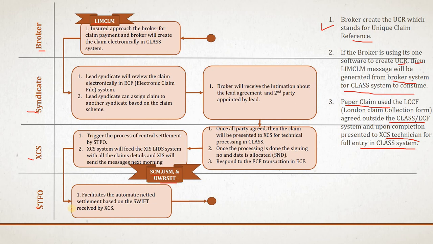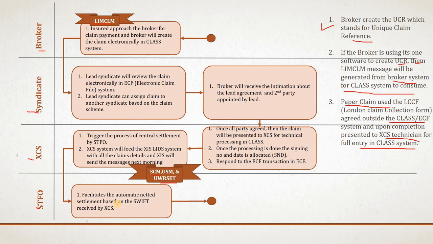So when I say SCM or USM, it's not only SCM and USM messages for the claim, it's every message. But all the parties expecting the SCM will pick up the SCM and then update their information.